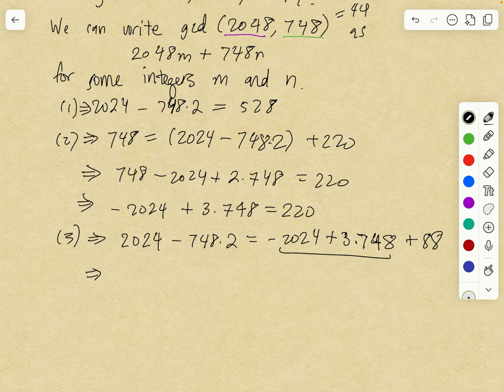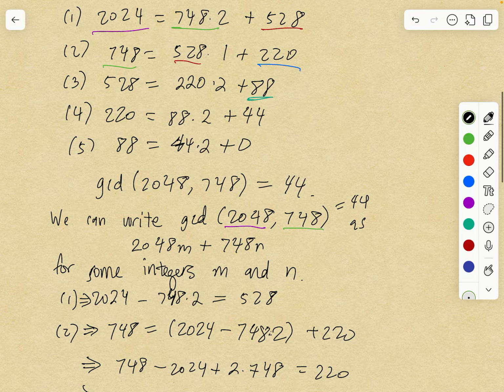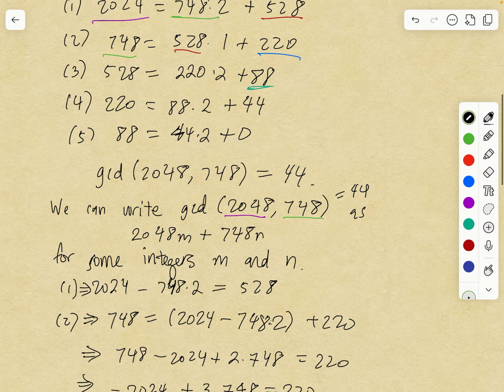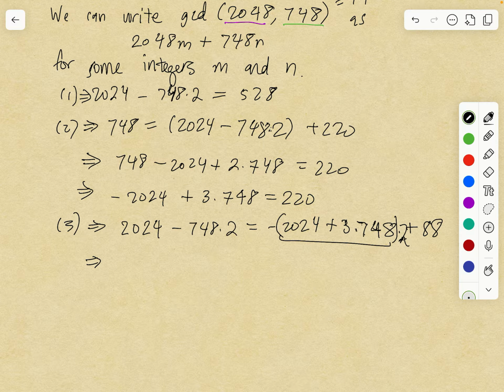So you get, oh, I didn't multiply this by 2. Let's see. Oh, right. There's a 220 times 2 plus 88 in equation 3. Okay, so I move this whole thing over to the other side, and that's going to give me 3 times 2024 minus 8 times 748 equals 88.